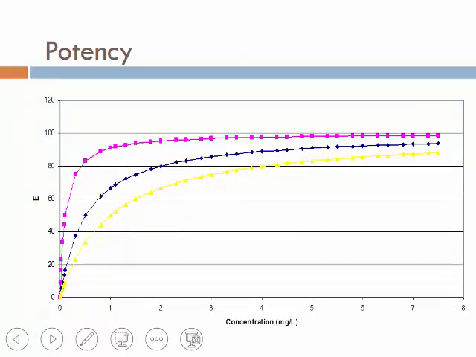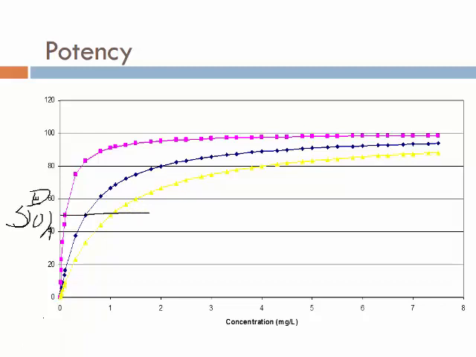Alright, so if we draw a line across here at the 50, so this is 50% of our effect. At 50% of our effect, we can see that this concentration, this is going to be our most potent drug, isn't it? Because it takes the smallest concentration to reach half the effect. So pink is going to be the most potent.